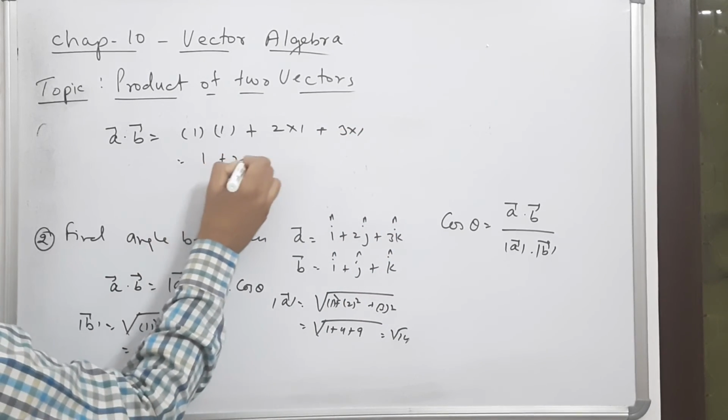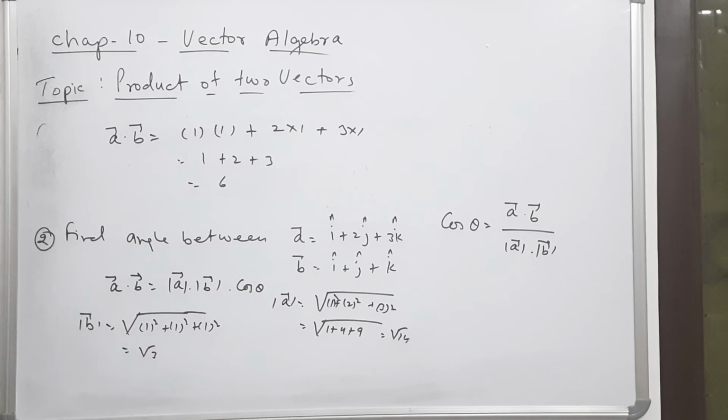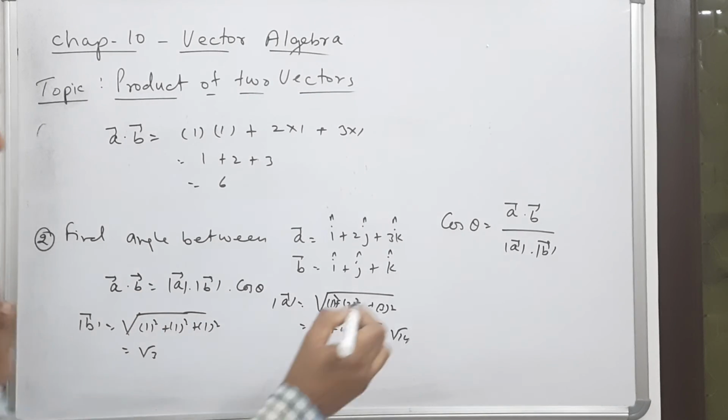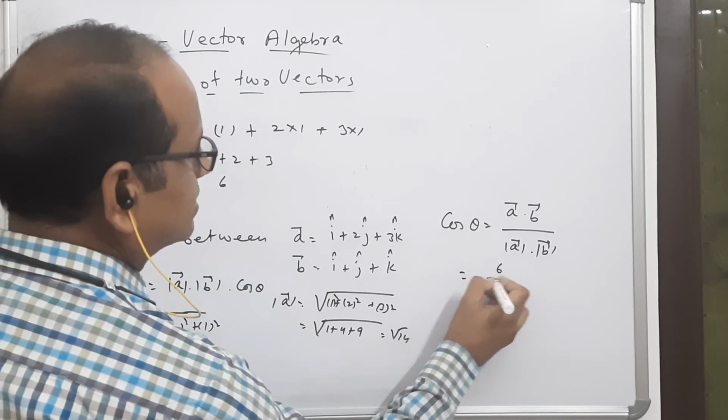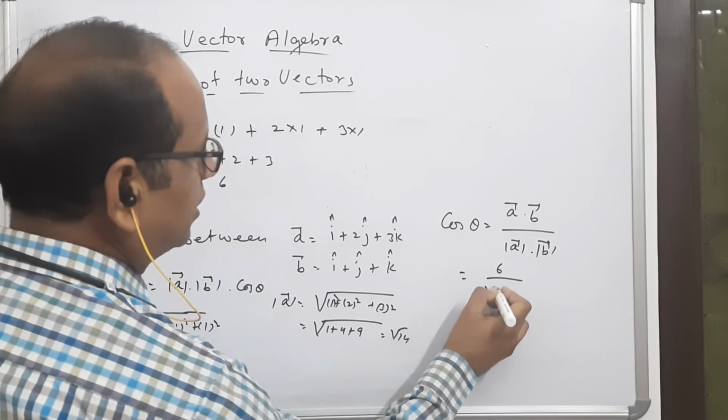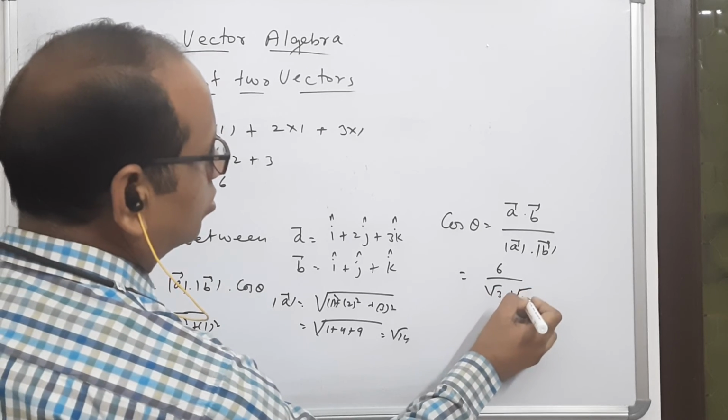So it is 1 plus 2 plus 3, and the answer is 6. So what will be the angle between these two vectors now? The answer will be 6 upon root 3 into root 14.